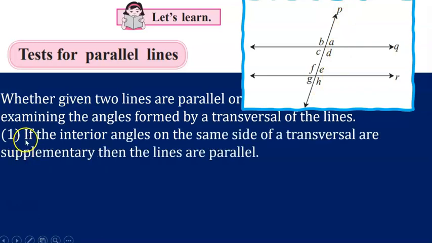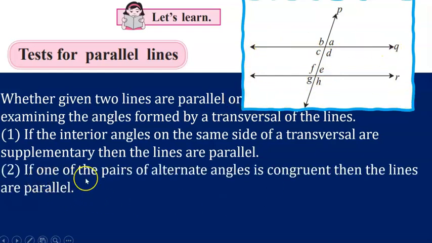First, if the interior angles on the same side of a transversal are supplementary, then the lines are parallel. Interior angles: here, the interior angles D and E are on the same side of this transversal P, and angle C and angle F are the interior angles on the same side of the transversal. If their sum is 180, then the lines are parallel.